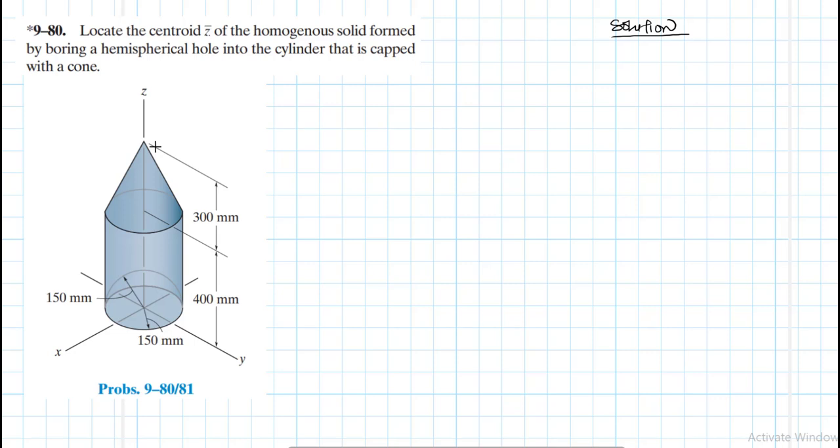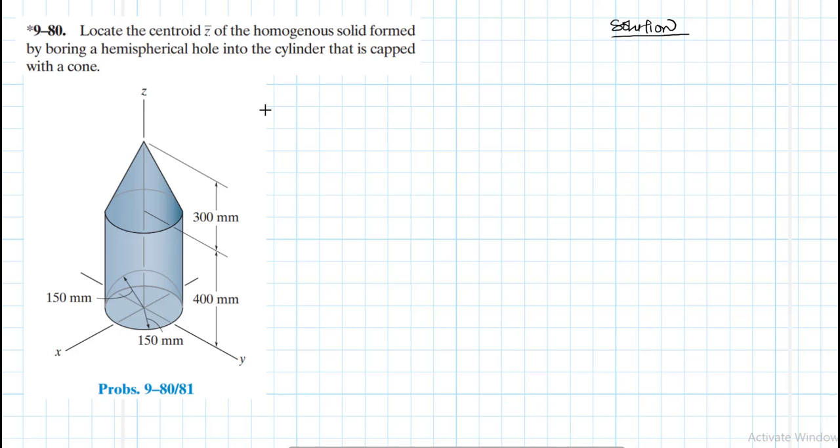Right, so centroids, what is a centroid? It's a geometric center. We have geometric centers of a line, geometric center of an area, geometric center of a volume. And if the material is homogeneous, as is the case, and by homogeneous we mean the material properties at every point throughout the body of the material are the same, e.g. density, elastic Young's modulus, Poisson's ratio, and so on.